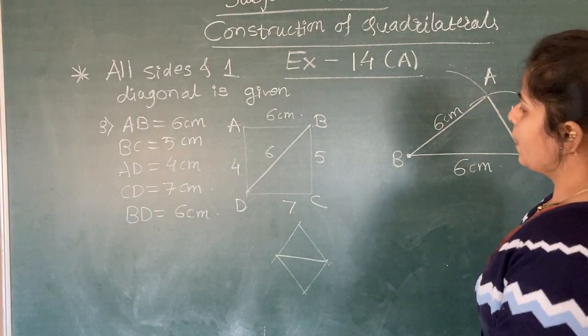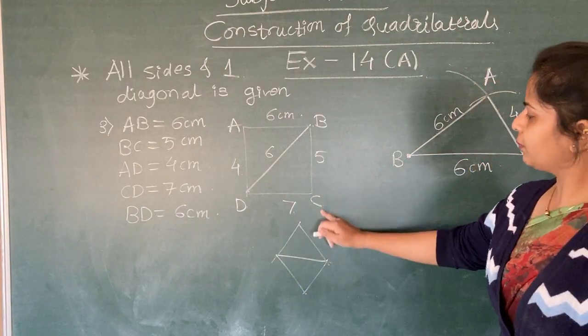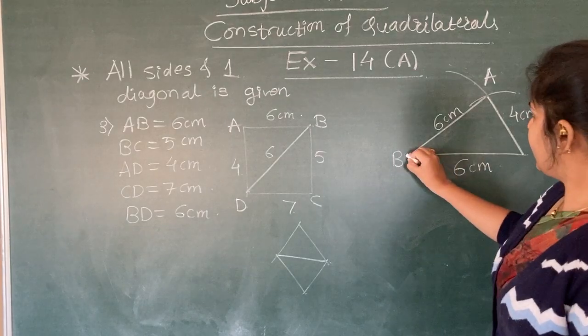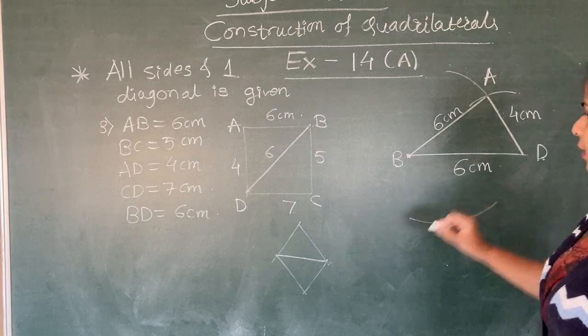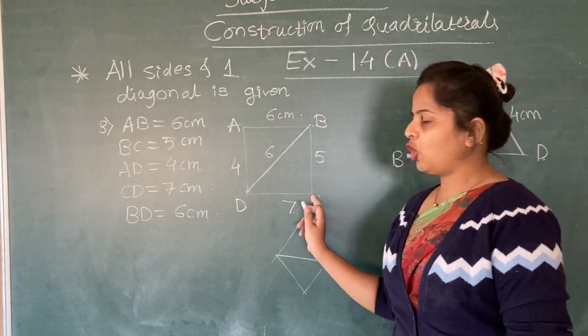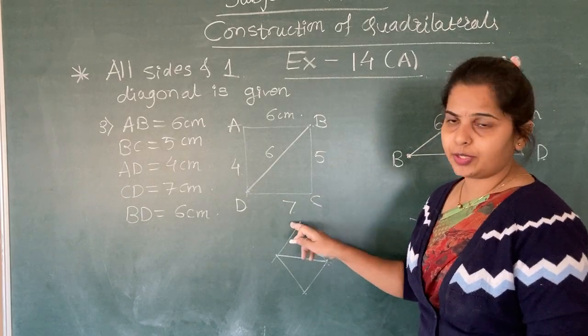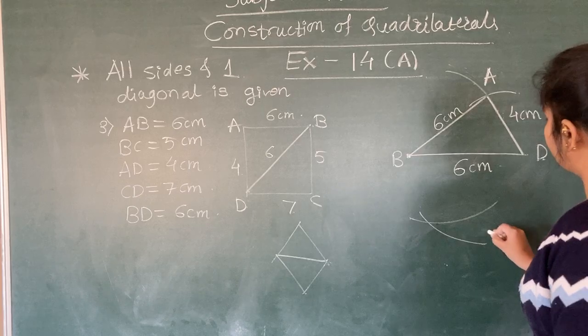Okay, then how about B, C and D? How you will get point C? B to C is 5. Take a distance of 5 centimeter in your compass, draw a random arc. Then how about C and D? Take a distance of 7 centimeter in your compass and draw an arc.